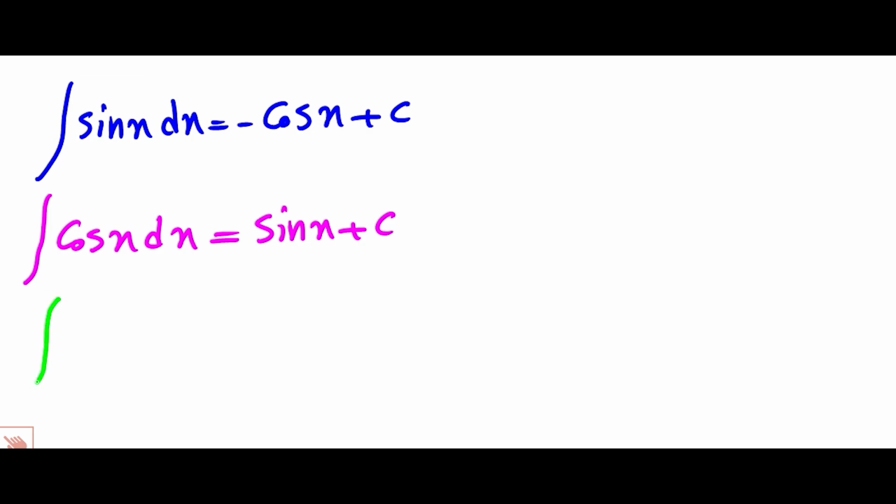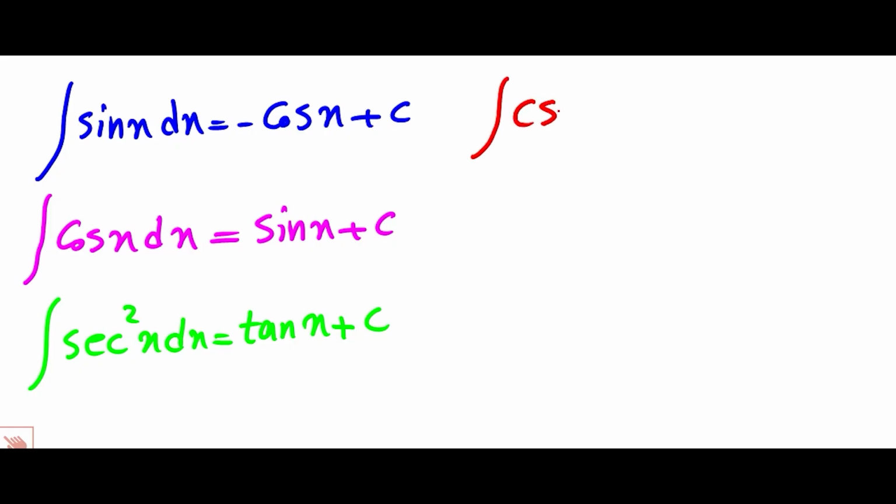Number 3, the integral of secant squared x dx equals tangent of x plus c. Number 4, the integral of cosecant squared x dx equals negative cotangent x plus c.